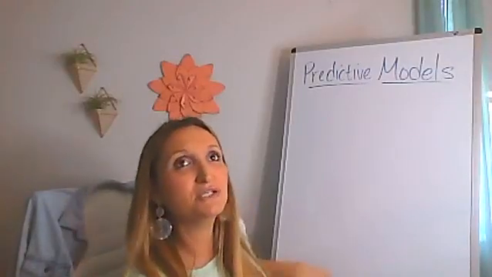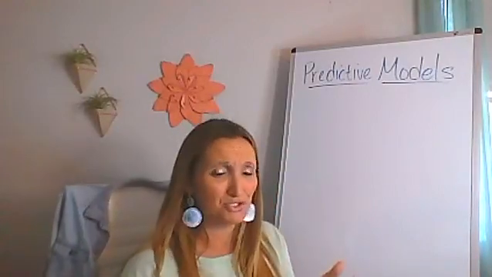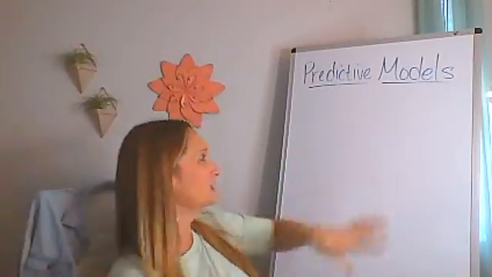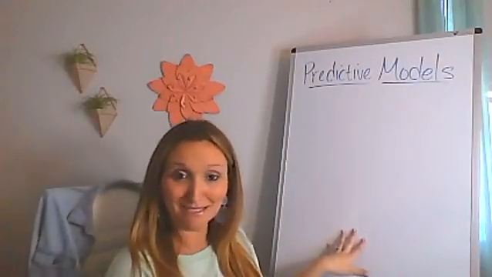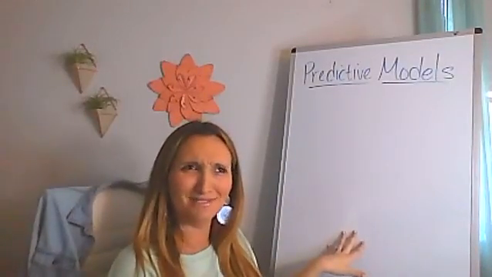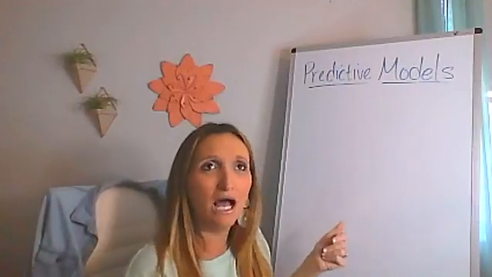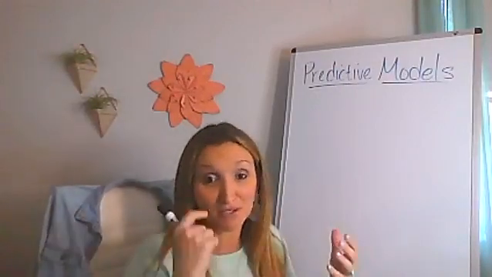Now, when you do decision trees, you can either do them vertically or horizontally. It's very much personal choice. I like to do them vertically myself because it just seems more like a predictive model to me.